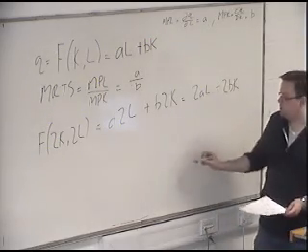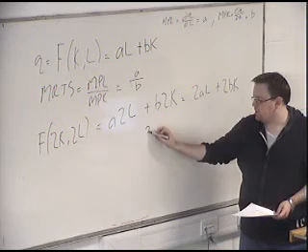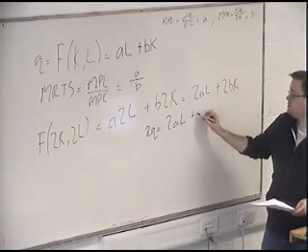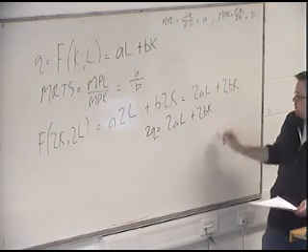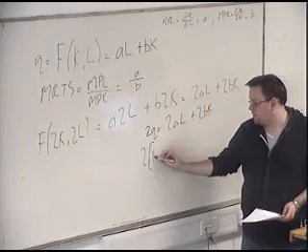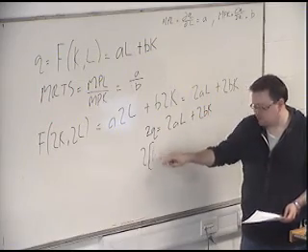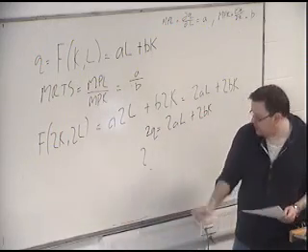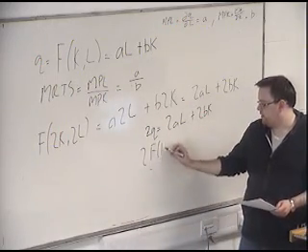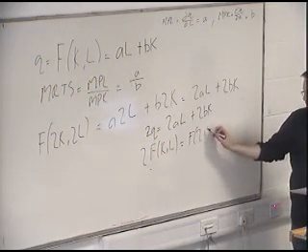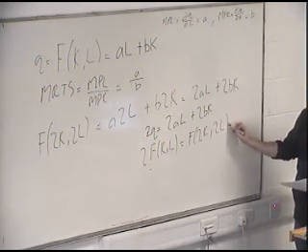Is that double our output? Well, double our output, twice Q, is equal to 2AL plus 2BK, or in other words, twice f of K and L is equal to f of 2K and 2L.